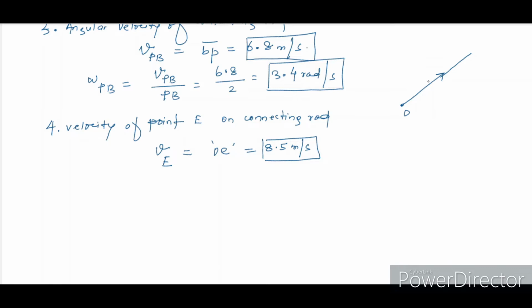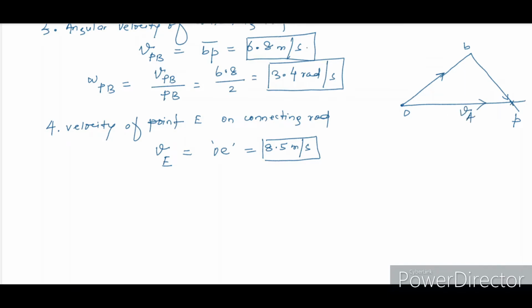Okay, so you will get the point B. Then from point B you draw a line which is perpendicular to the connecting rod, representing the relative velocity of point A, or you can say point P, on the connecting rod. Then from point O you draw a horizontal line representing the slider velocity, which is our VA.